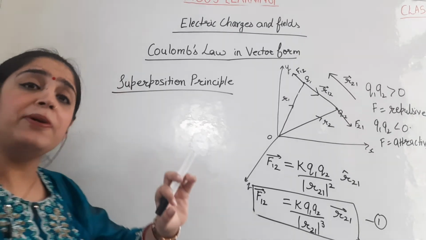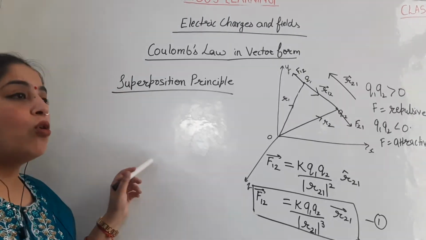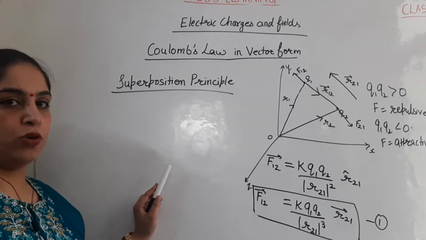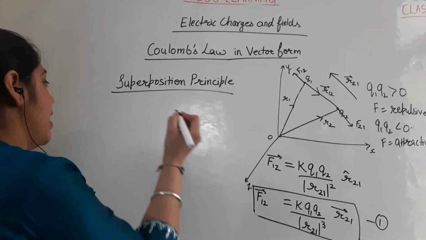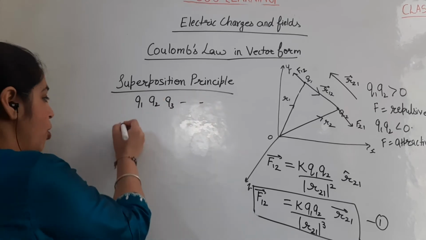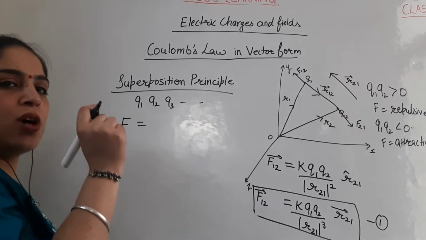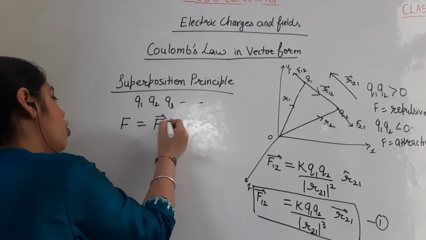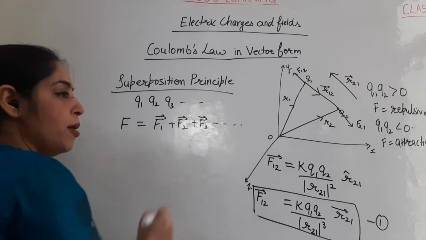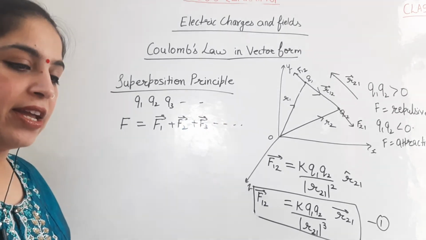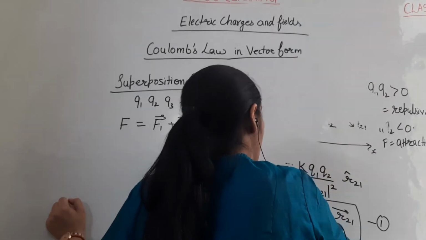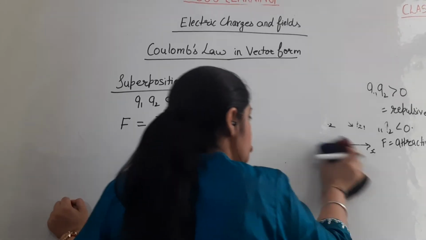If there are multiple charges Q1, Q2, Q3 and so on, then the force on any charge will be the vector sum of all the forces. This is the superposition principle. Let's now derive the formula for it, and then we will quickly move to one numerical.